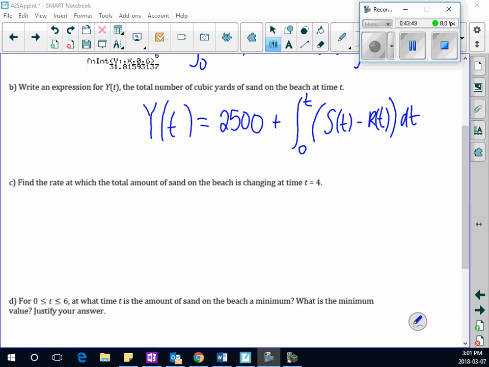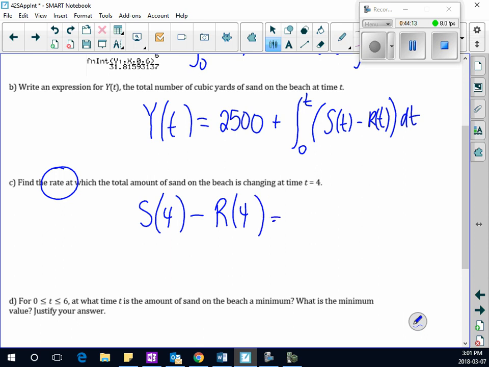It's saying find the rate at which the total sand on the beach is changing at time 4. So now this is rate. So this is actually s of 4 minus r of 4. Do you know how to do that on your calculator? I'll show you. Some people were confused by this on the test when it had y of 2, right?